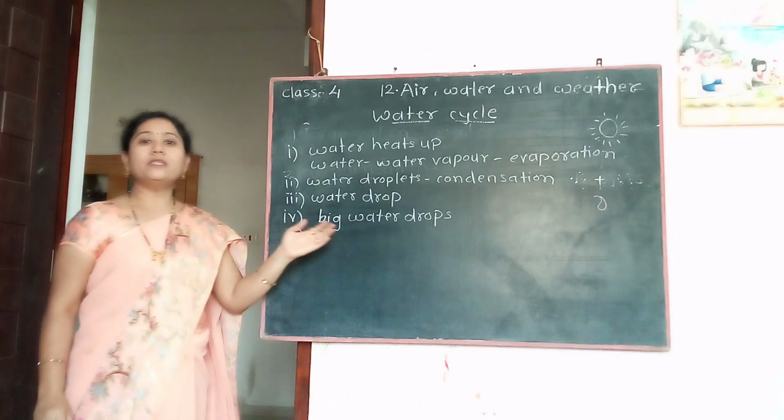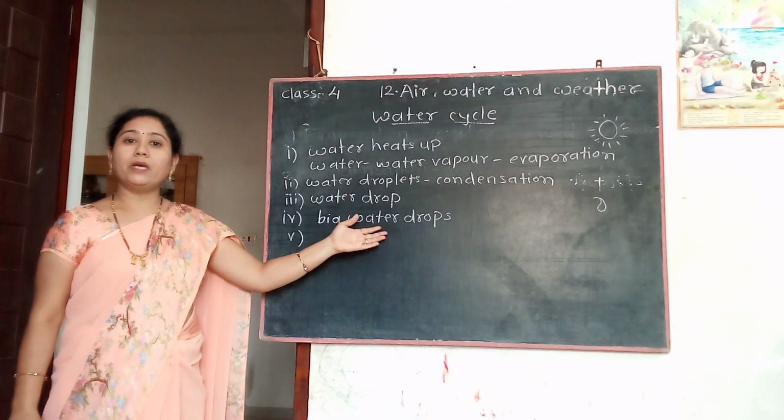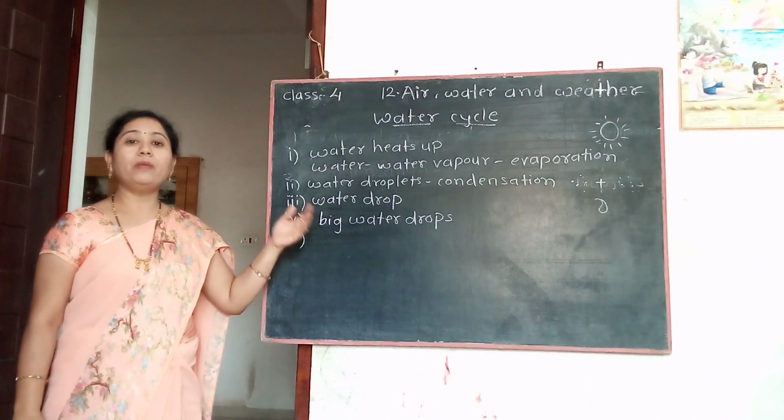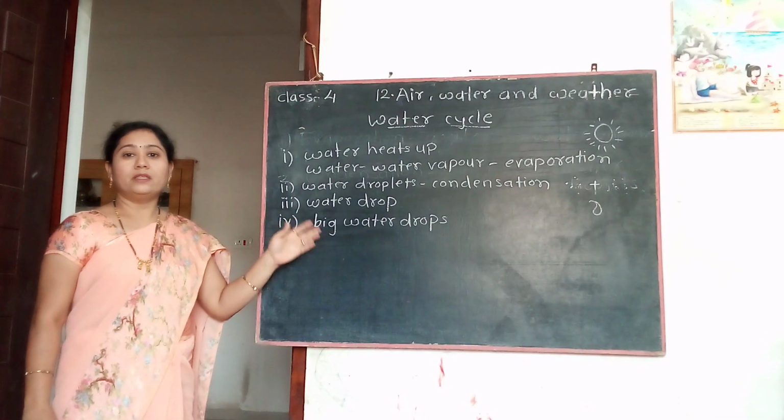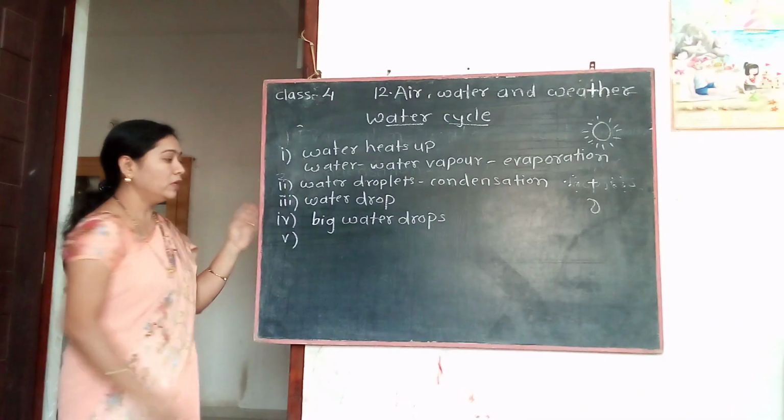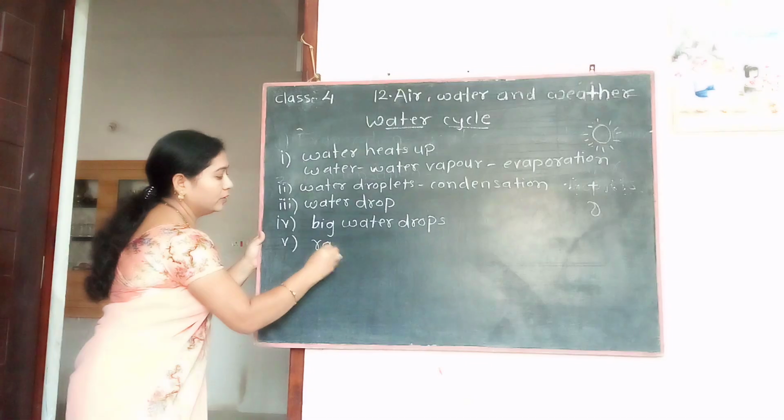Then these big water drops become too heavy to remain in the air. That's why these water drops fall down in the form of rain.